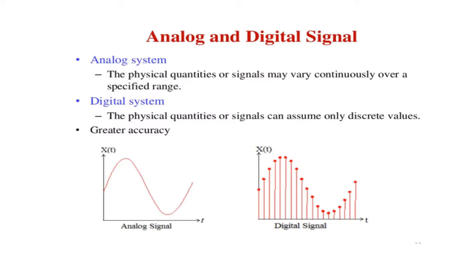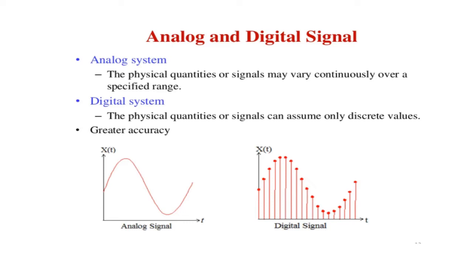Next is analog and digital signals. In signal systems there are two types of signals: analog signals as well as digital signals. Digital signals are in digital values and analog signals are in sine wave magnitude.